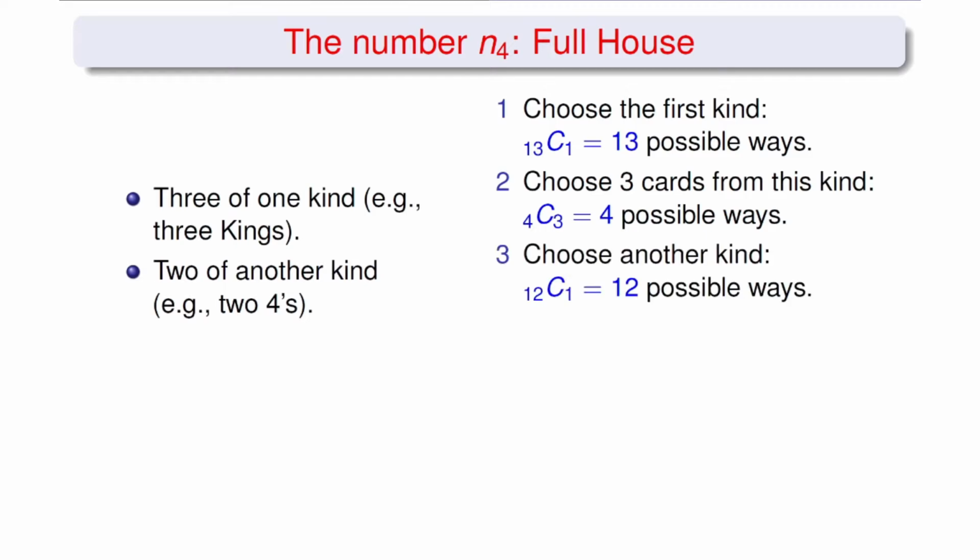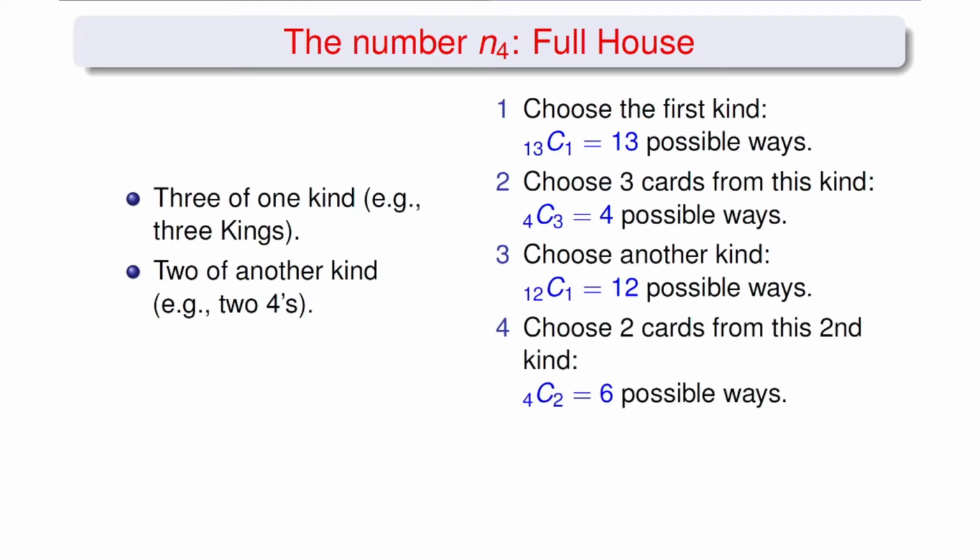So 12 choose 1, which is 12 possible ways. And then from this chosen kind, we choose 2 cards, which is 4 choose 2, that's 6. Now after steps 1, 2, 3, 4, we have 3 of one kind and 2 of another kind. That is a full house.